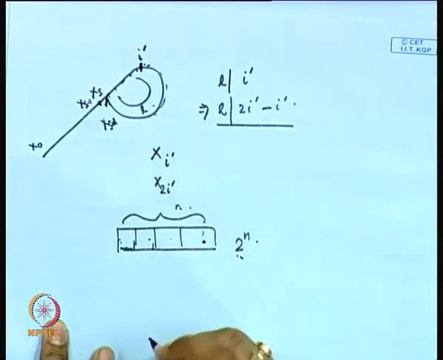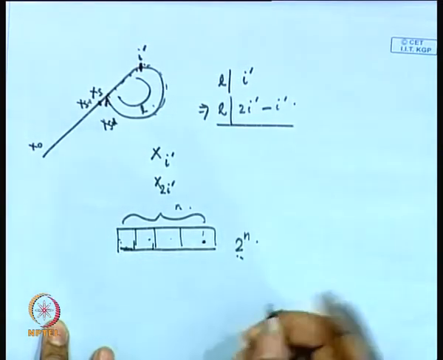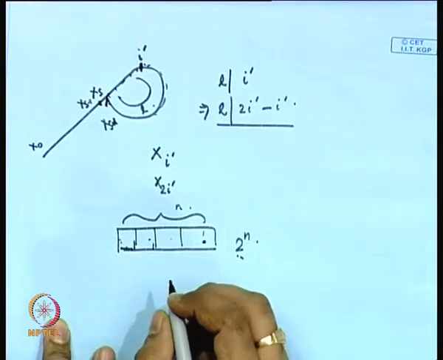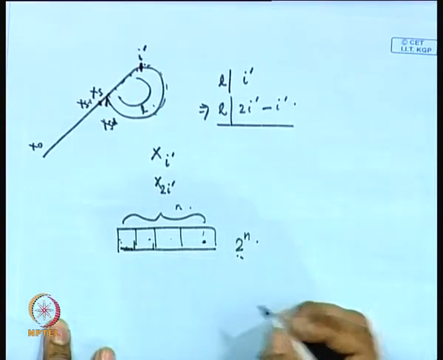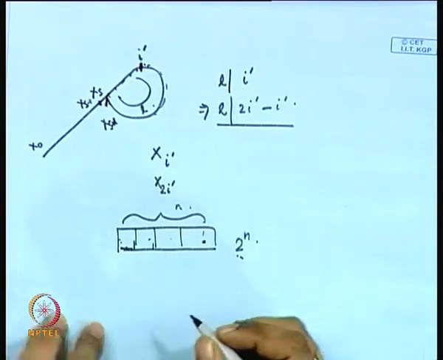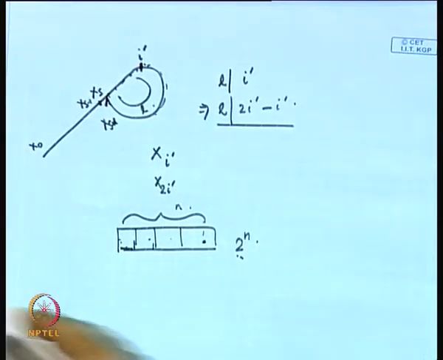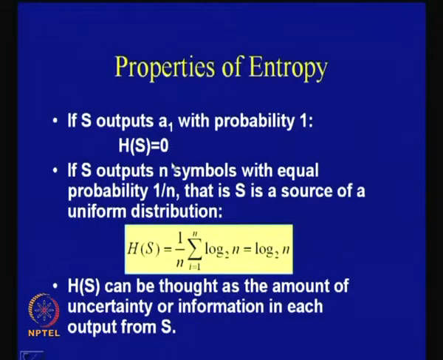If we think of the previous example, that is if S outputs a1 with a probability of 1, that means you know there is no information, there is no uncertainty. So the uncertainty is 0. But here the uncertainty is logarithm n base 2.